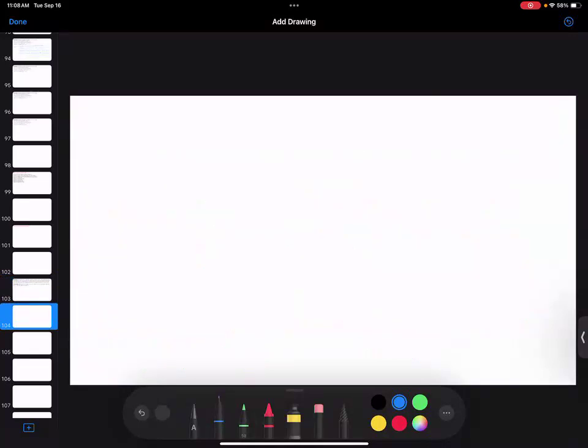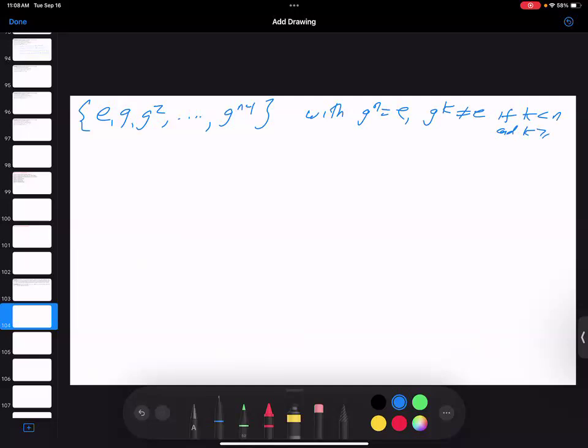So let's consider the set e, g, g squared, dot, dot, dot, g to the n minus 1, with g to the n equals e, and g to the k does not equal e if k is less than n. Is this a group?